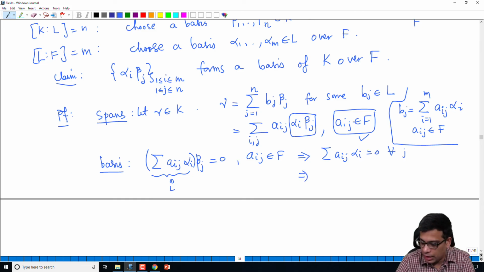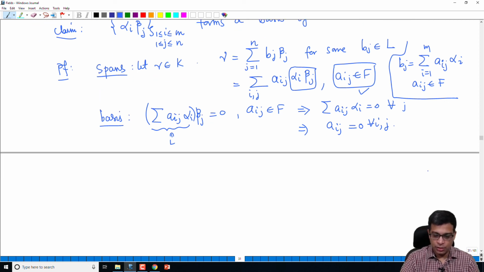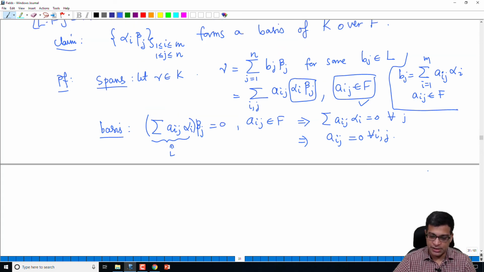But again alpha i's are linearly independent, so that means aij is 0 for all i and j. Okay, so this is a very easy proof. Actually, let me not complete the proof yet, but you hopefully followed this. We have shown that it spans and is linearly independent, so it proves the claim at least that it's a basis.